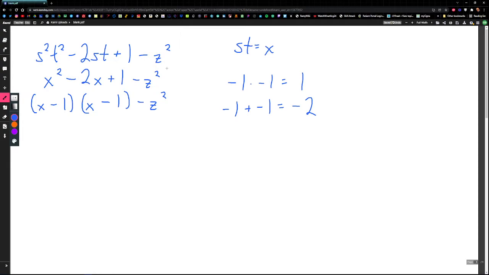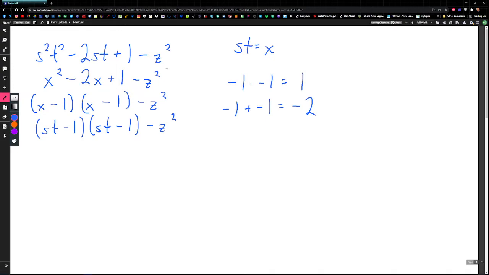So now that we factored this, I'm going to go ahead and rewrite x as st again. I'm going to substitute it back in its original form. So this is all going to be st minus 1 times st minus 1 minus z squared.